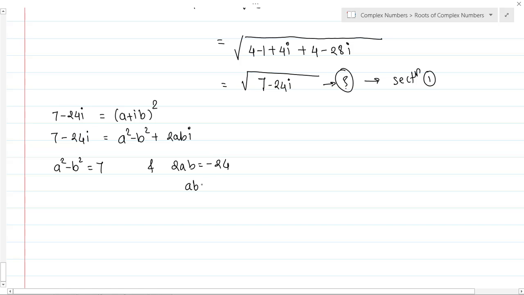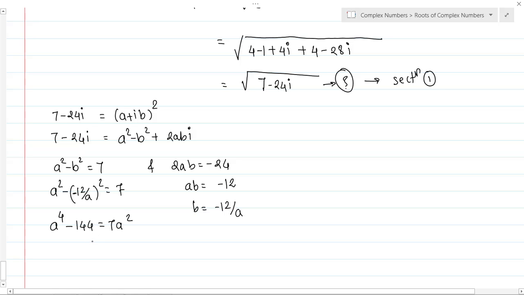So from this, ab is equal to minus 12 and b is equal to minus 12 by a. So let's substitute b in the first equation. a square minus (minus 12 by a) whole square equals 7. So a square into a square becomes a to the power 4, minus 144 equals 7a square.